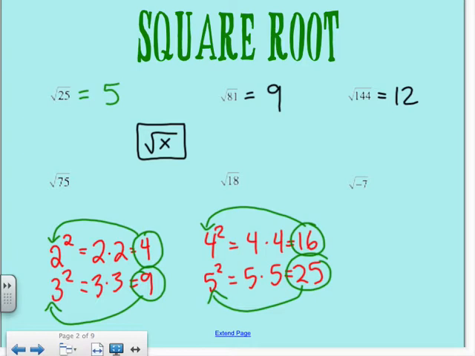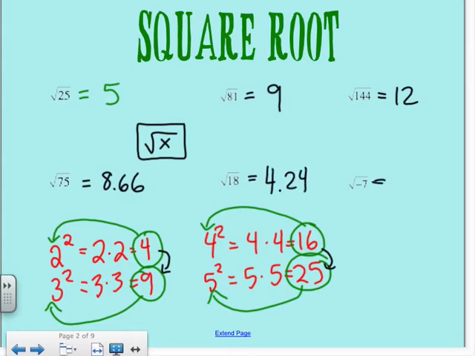Because there's obviously numbers in between 4 and 9, between 9 and 16, between 16 and 25 that don't have whole number square roots. So the square root of 75, if I round it off, is about 8.66. So 8.66 times 8.66 is roughly 75. If I do the square root of 18 and I round it, I get roughly 4.24.